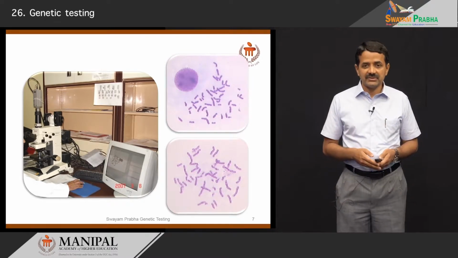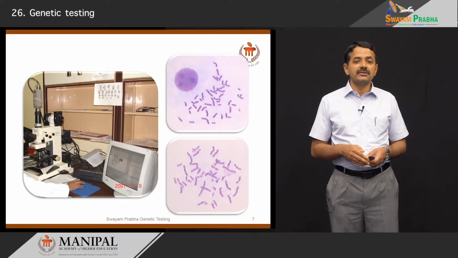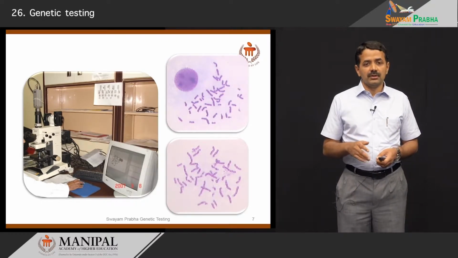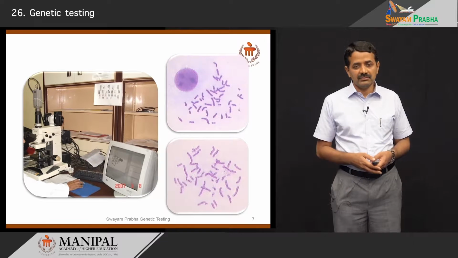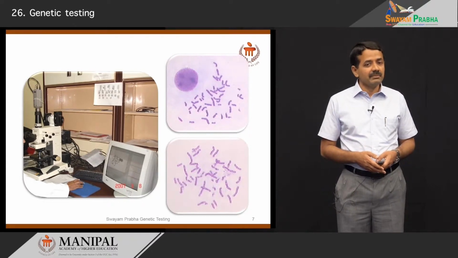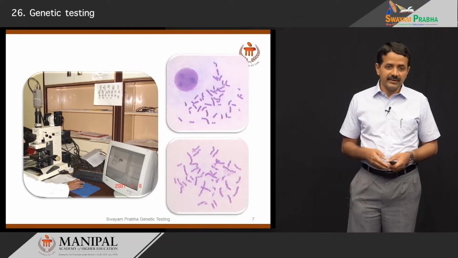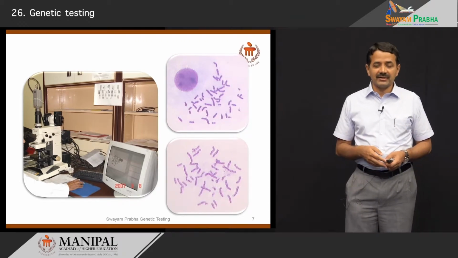Traditionally it is stained with Giemsa and banded with trypsin, and you analyze it using a computer and a microscope. We now have several automated systems available, but it requires a human mind behind the microscope and the computer to analyze this.